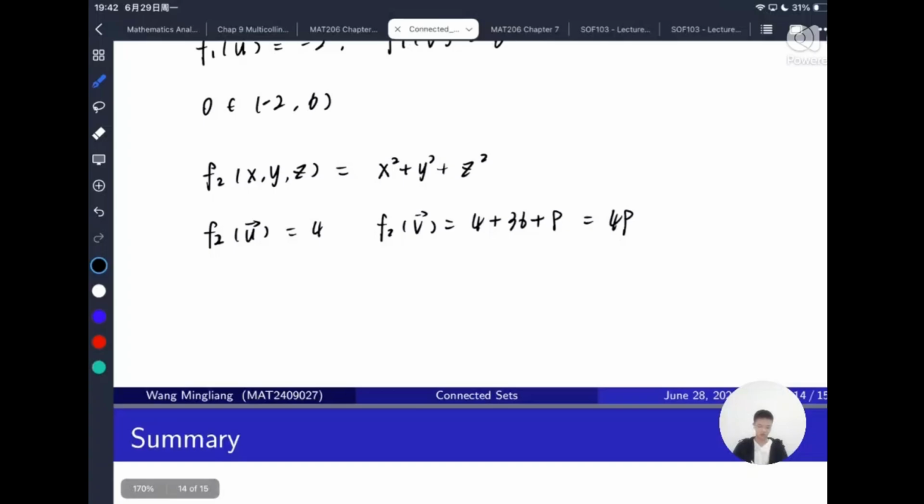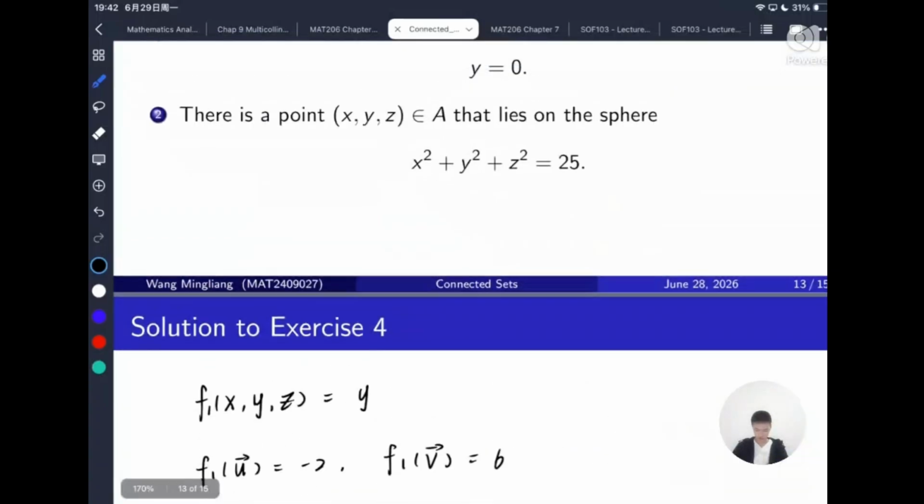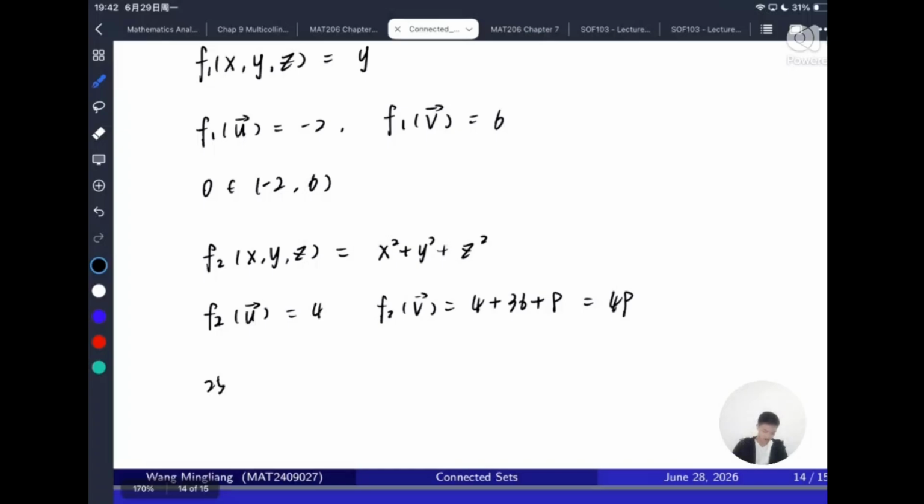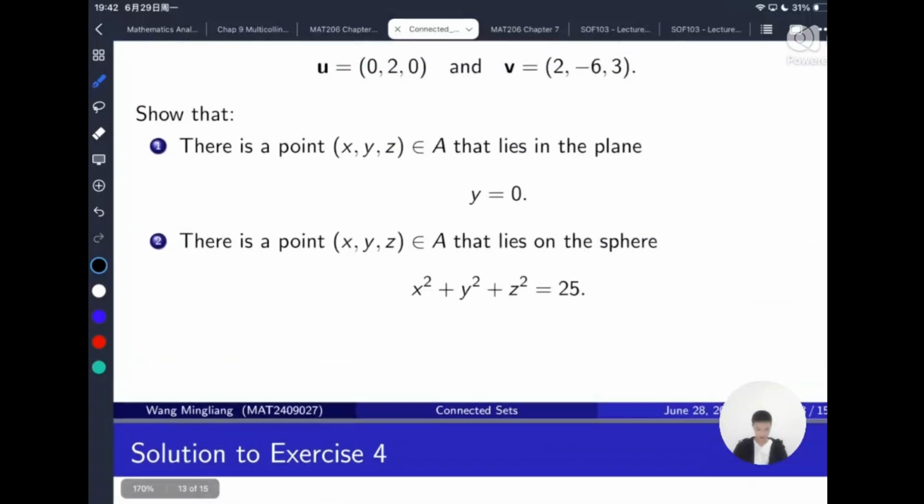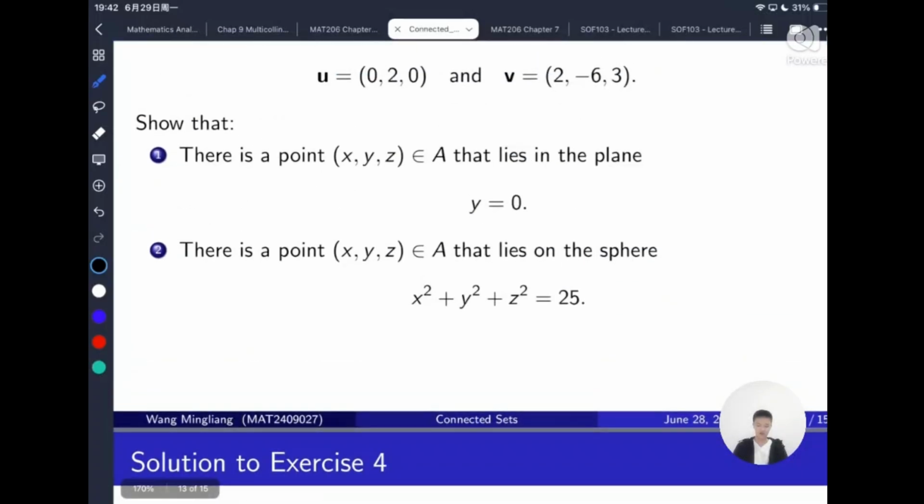And similarly, because 25 is in this interval, there exists a point lying on the sphere.